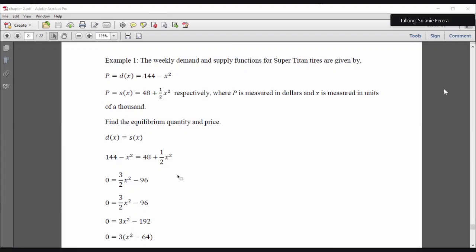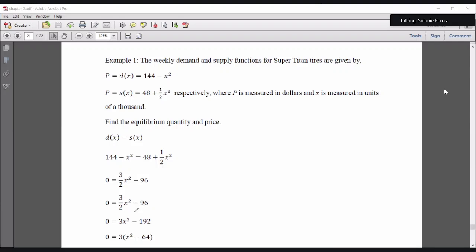So did you all try this out? You have to equate the demand function and the supply function: 144 minus x squared equals 48 plus 1/2 x squared. Take all the x squared terms to one side and the numbers to the other side, so we get 3/2 x squared equals 96.